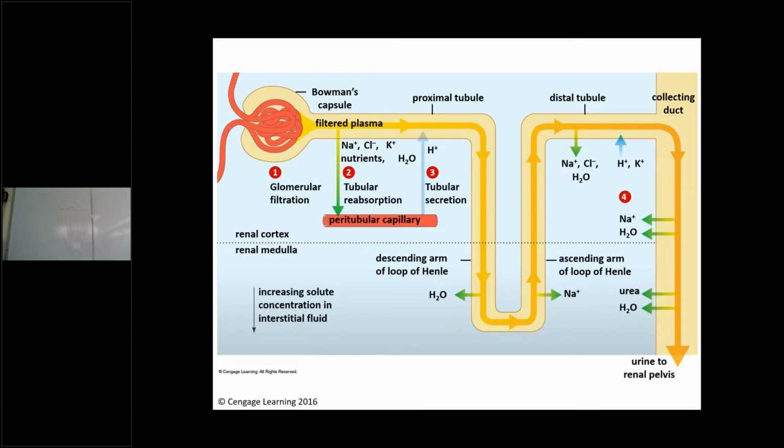And then you can see that we're reabsorbing ions like sodium ions, chloride ions, potassium ions. Very important for the function of many body systems like the nervous system, like the muscular system, right? By these capillaries, by these blood vessels covering the tube. And then we're sending back in water and such. And so water is going to move back and forth, but primarily we're reabsorbing most of the water.